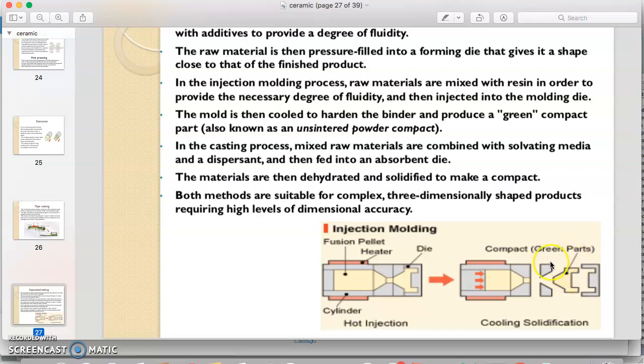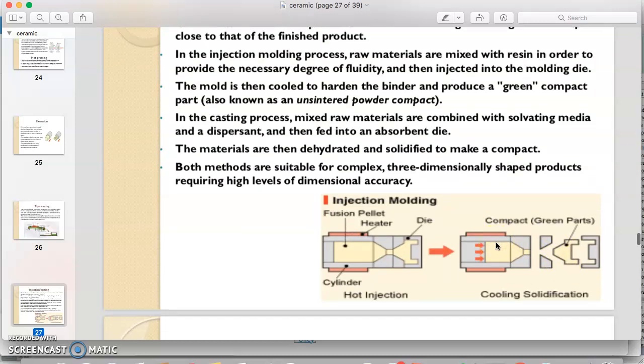The part is green, whereby it is soft and not hard enough, so it needs to go to the next process, which is the sintering or firing process, in order to increase the strength of the product.